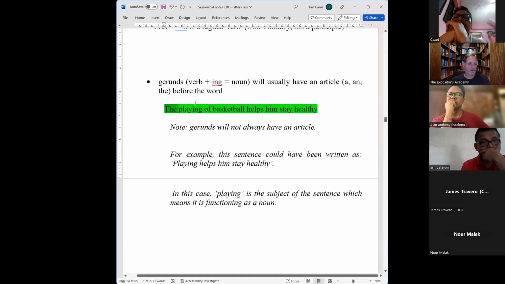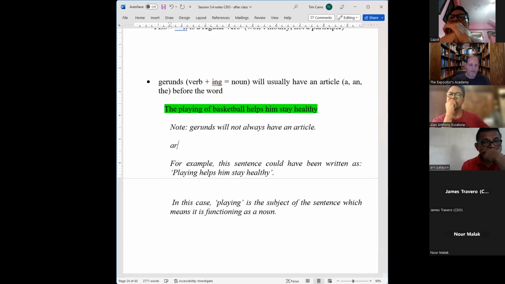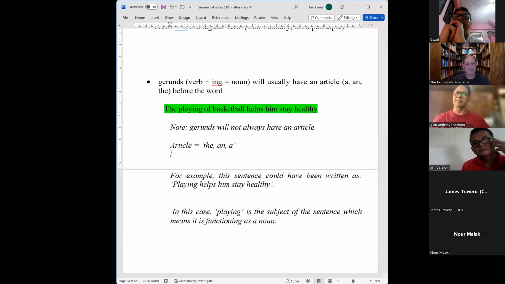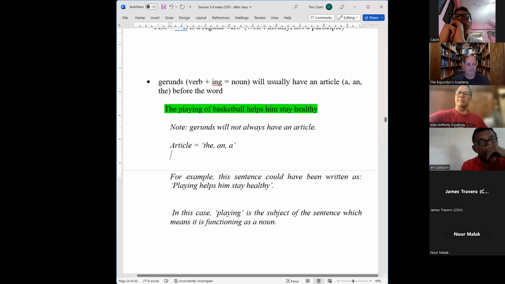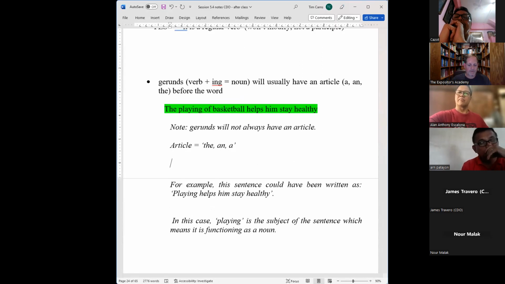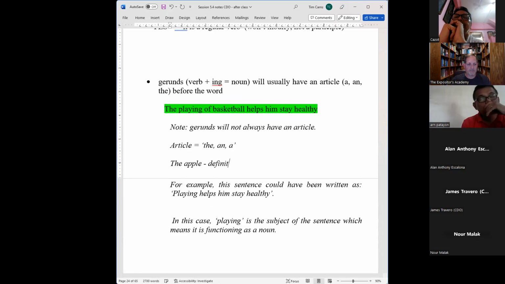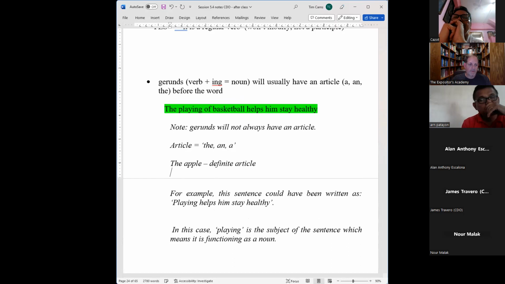Remember again, articles are the, an, or a, right? The apple, that's a definite article because it's identifying a specific apple.